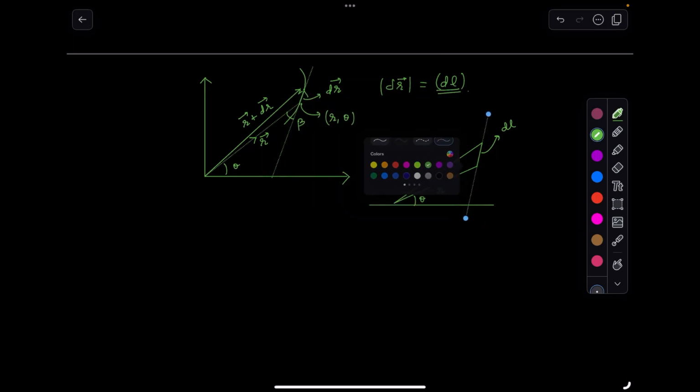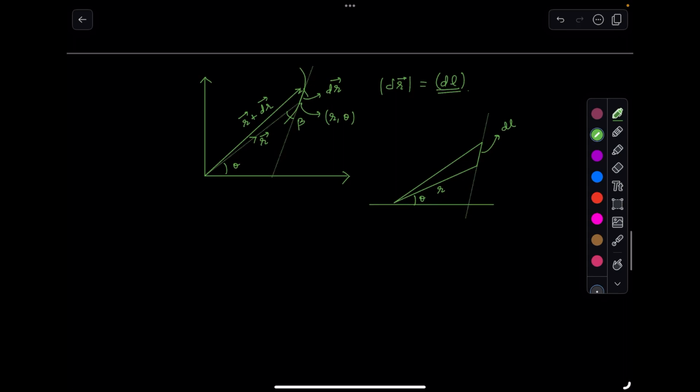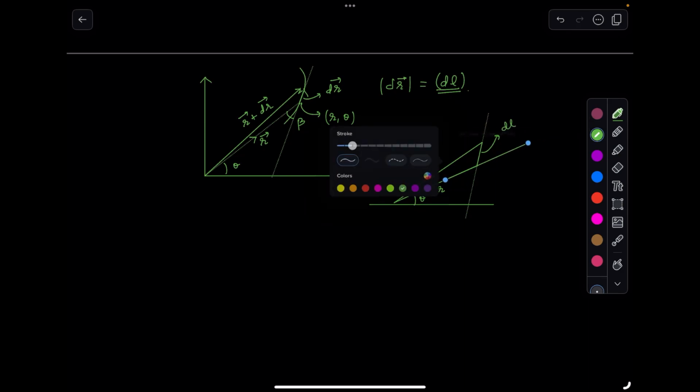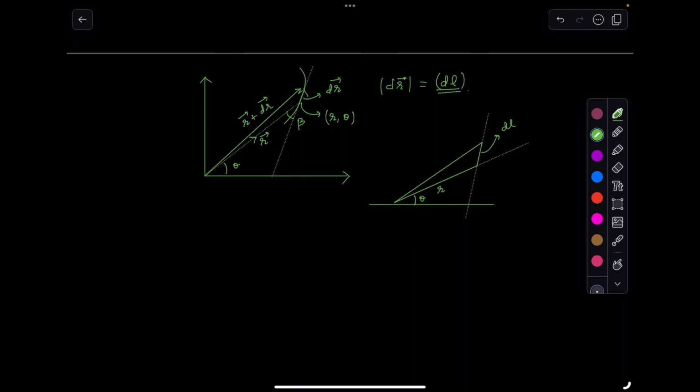The tangent is like this, and this angle is beta. So this also is beta, and this is the angle that the tangent makes with the positive direction of the x-axis.